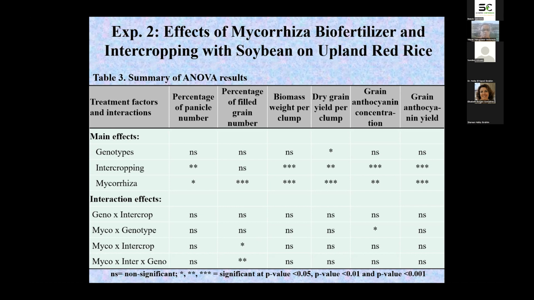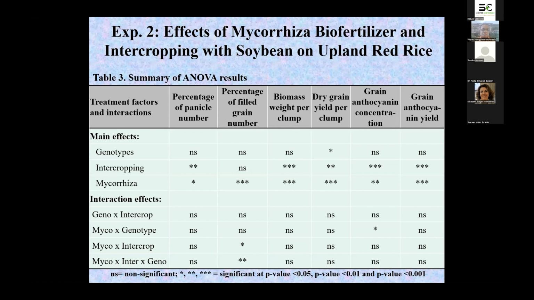Also, the most significant here is for percentage of filled grain number. It means increasing the potential of the rice plants to fill grains.